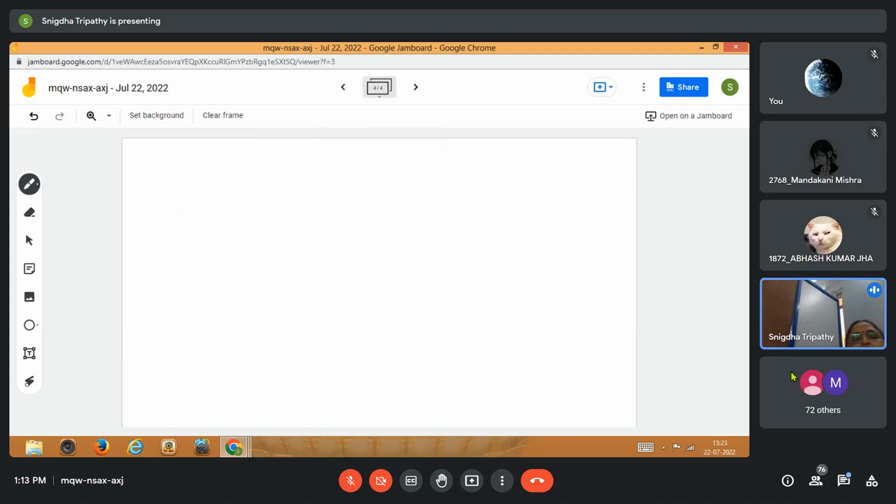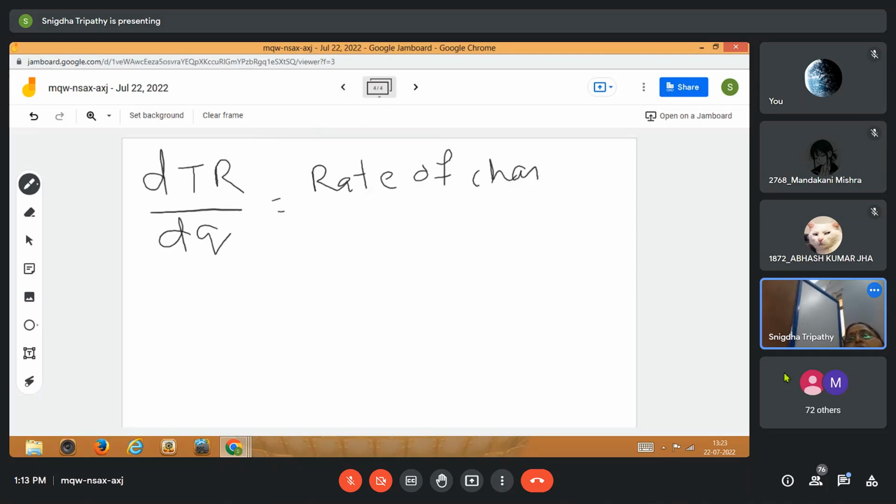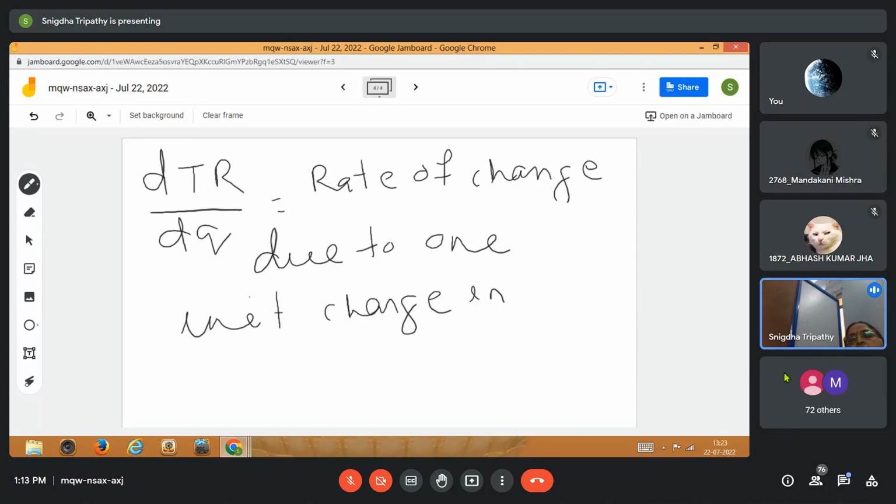As I had deduced, with respect to Q, it is the rate of change due to one unit change in output, or this output is sales, one unit change in quantity sold.